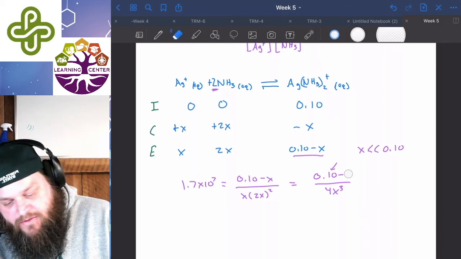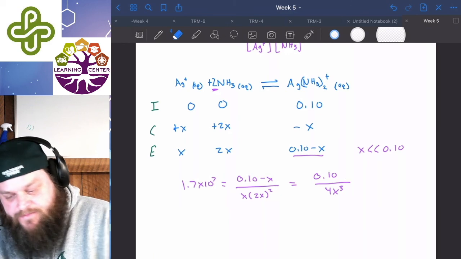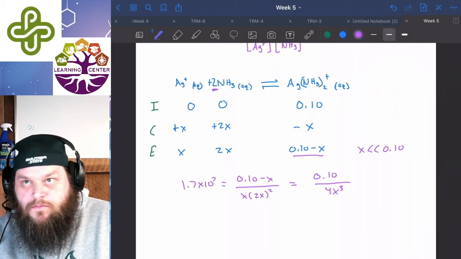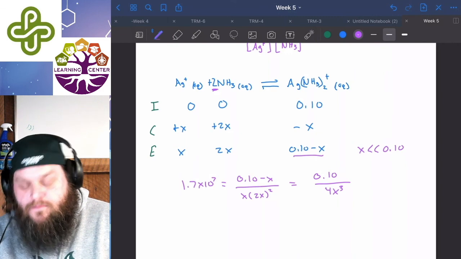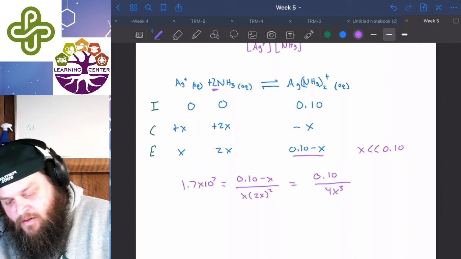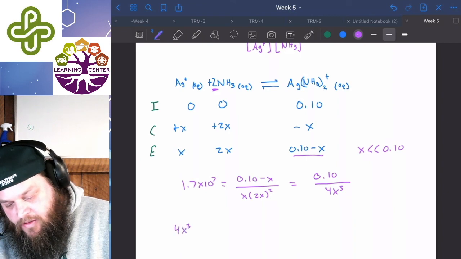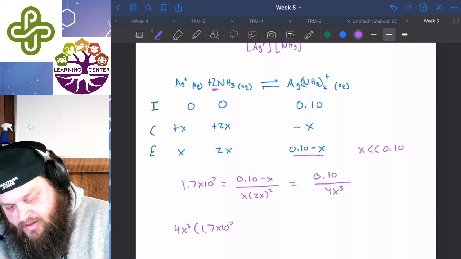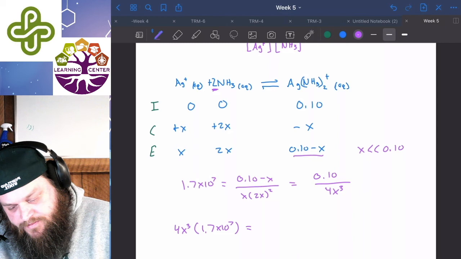We can then just drop this out. Solving then for x, we can say that 4x to the third times 1.7 times 10 to the 7 is going to equal 0.10.